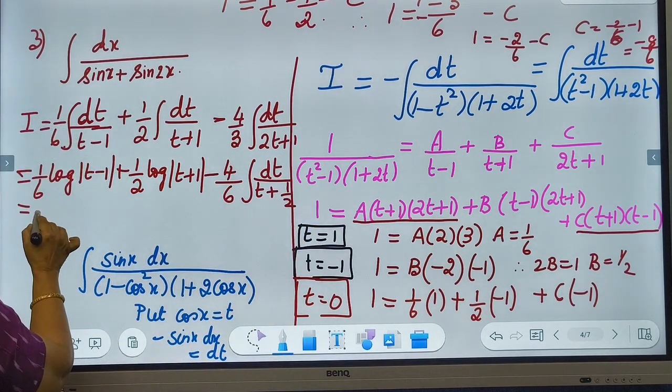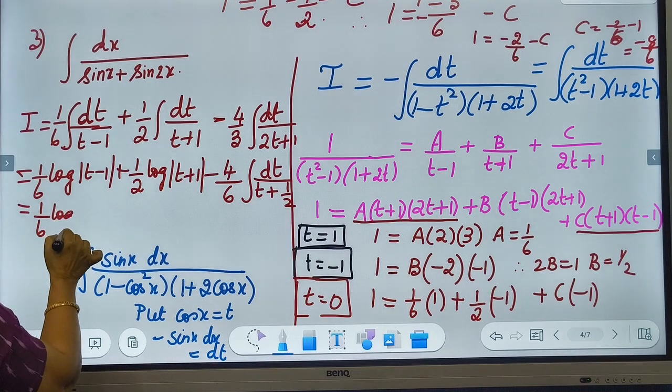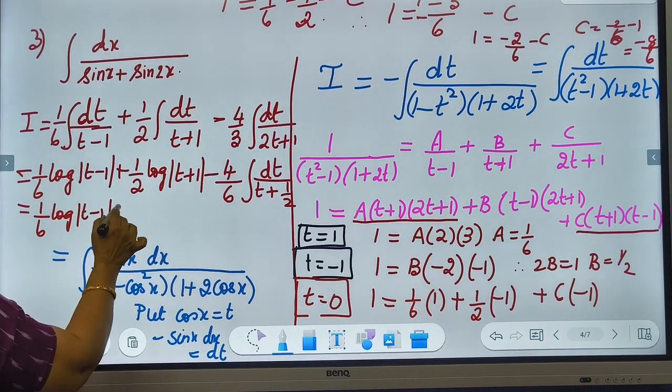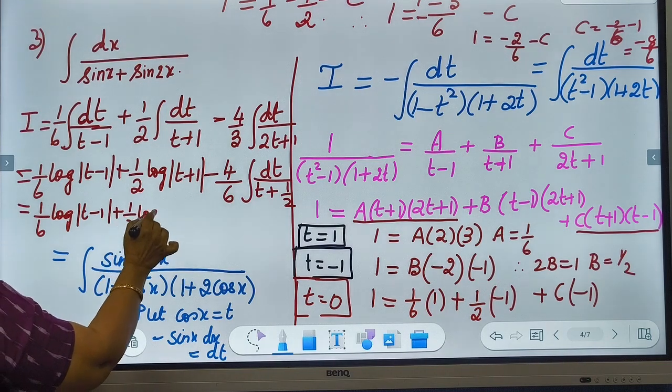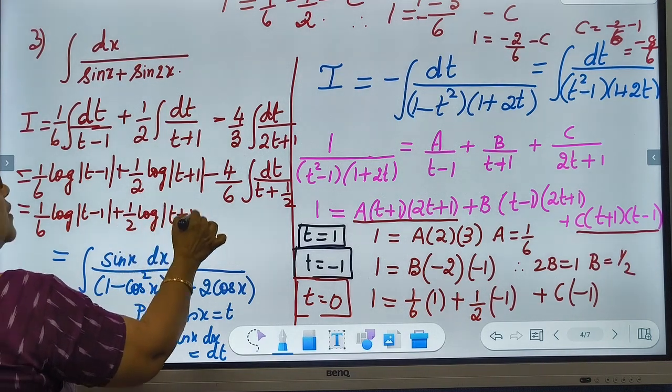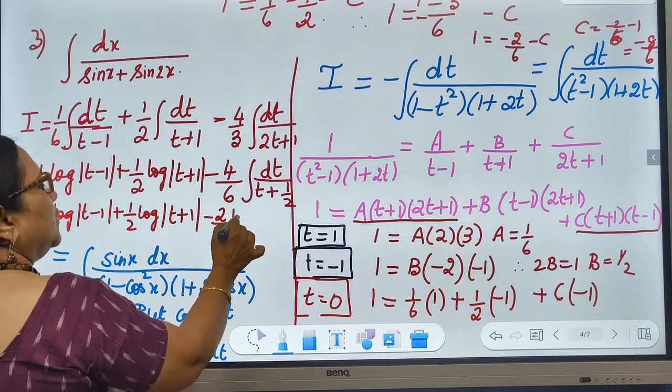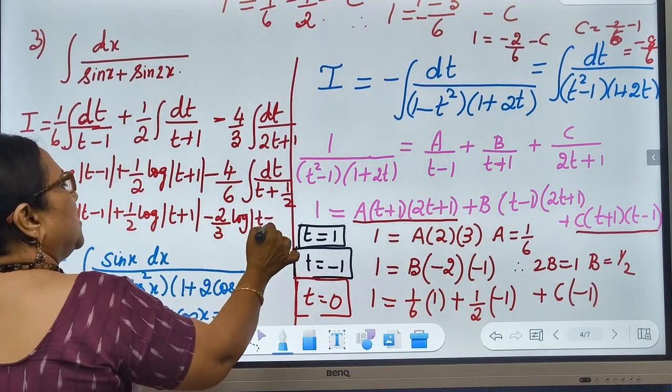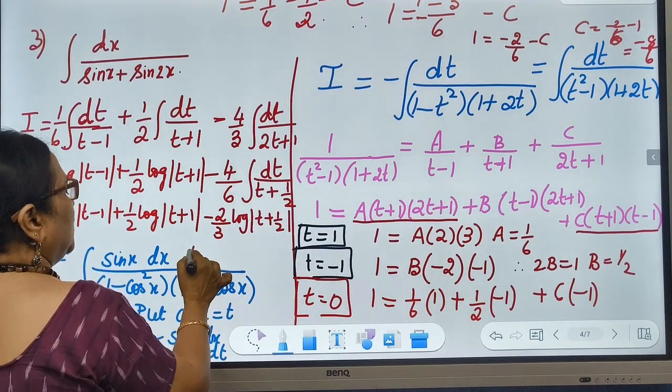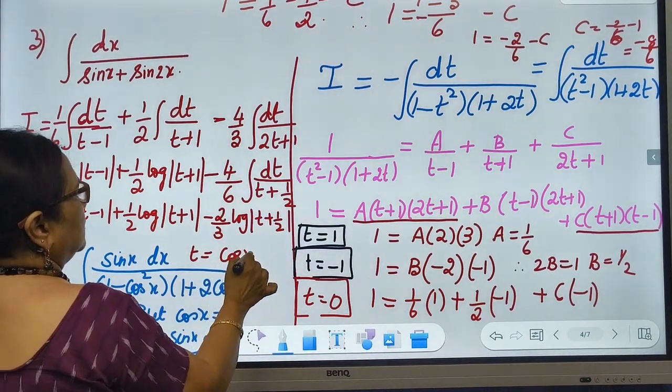So this will be 1 by 6 log mod (t minus 1) plus 1 by 2 log mod (t plus 1) minus 2 by 3 log mod (t plus half). Put t equal to cos x.